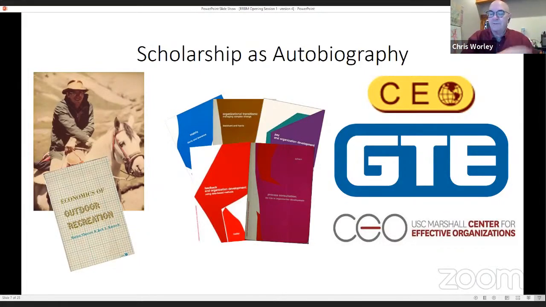Because in the Forest Service and in the central Utah project at Strawberry Reservoir, it wasn't just a matter of trying to understand the system. I wanted to make the system do better things, produce better results across not just individual outcomes, but social and economic and environmental outcomes. And this whole field of organization development seemed very interesting to me, because they were trying to figure out how to intervene in systems to make them better.